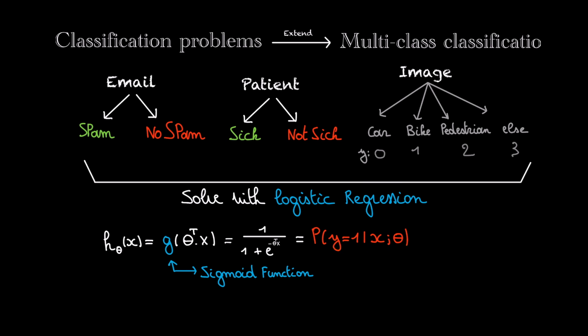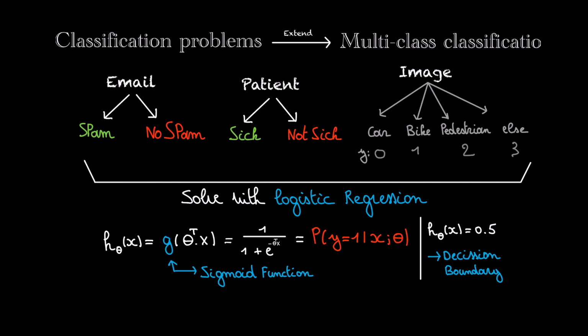We have seen that if we set our hypothesis equal to 0.5, we get a decision boundary. Everything that is greater than or equal to this line, we predict to be y equal to 1, and every example that outputs a value lower than 0.5, we predict that y is equal to 0.